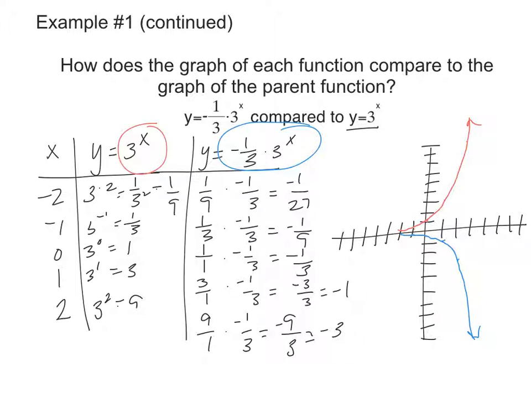Okay, the main thing that we should see, the transformation that took place, is that it reflected about the x-axis. And again, based on what we saw that a fraction did, we should notice that this one is a little bit more compressed.